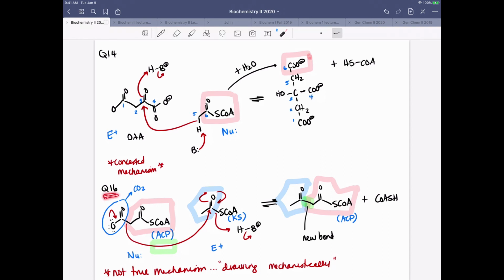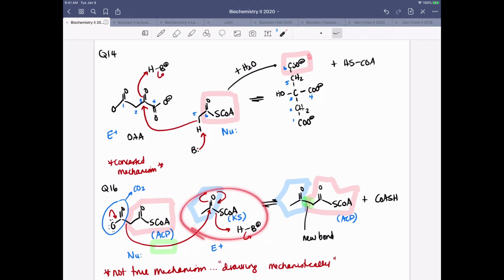This is different than what we're doing here. In this case, we made malonyl-CoA. So here's our acetyl-CoA portion that had the extra CO2 that we added. When we decarboxylate, that makes that guy nucleophilic, so that's how we make our nucleophile. It's actually going to react with another acetyl-CoA group, but how we made one of the acetyl-CoAs be a nucleophile is we did our magic trick of adding and then removing CO2, okay?